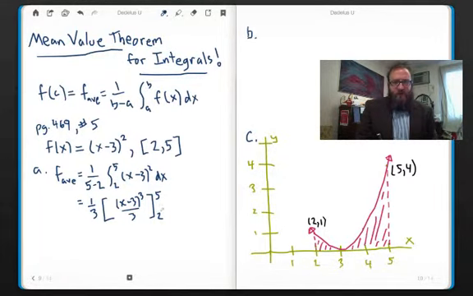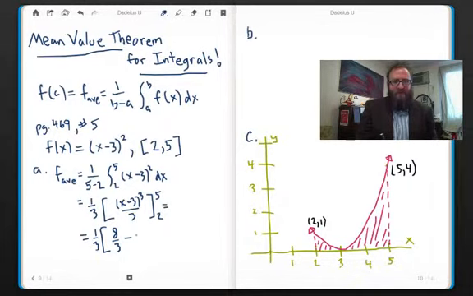So that equals 1/3 times, well, when we plug a 5 in there, 5 minus 3 is 2. 2 cubed is 8. So that's 8 over 3. Minus, when we plug a 2 in there, we get 2 minus 3, which is negative 1 to the 3rd, which is still negative 1.